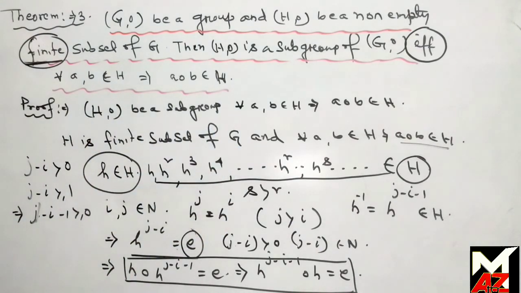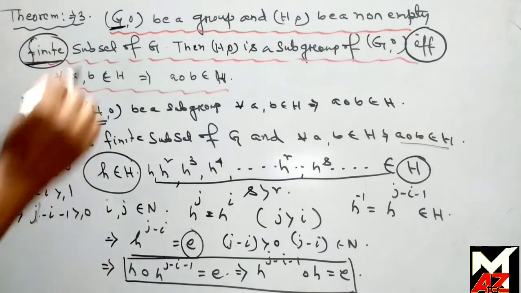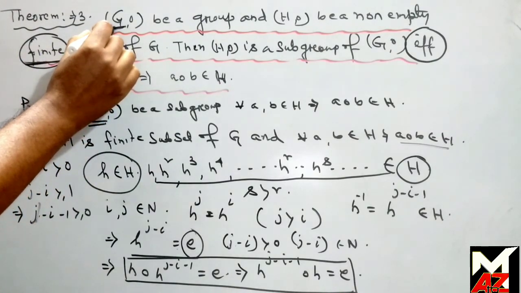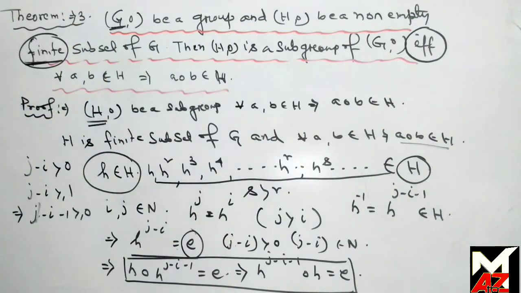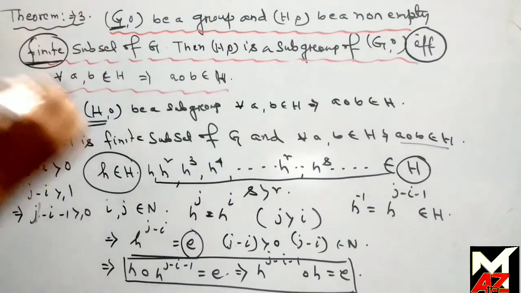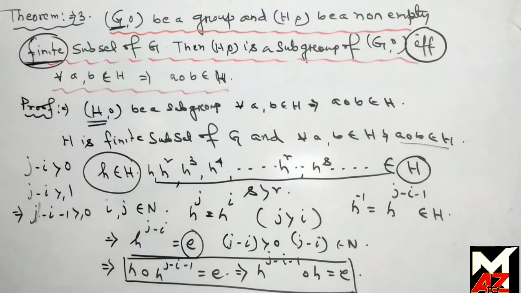Now here there is no need to check the associative property, because H is a subset of G and G is a group, so it must follow the associative property. So by the hereditary law we say that H circle must follow the associative property.